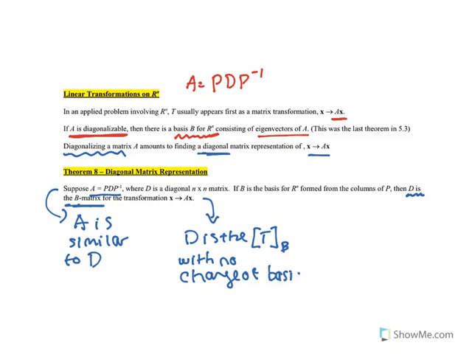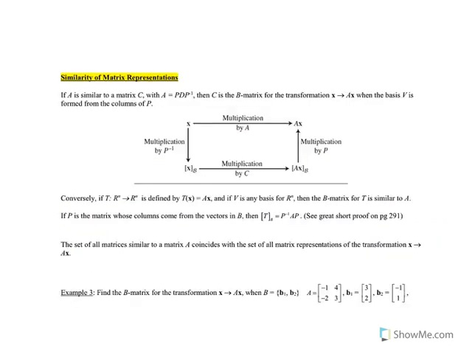We are just writing the transformation in the basis B. And B is the basis for Rn formed from the columns of P, the columns of P are the eigenvectors of A. Okay, so a couple important things. Okay, so let's figure out this document real quick.